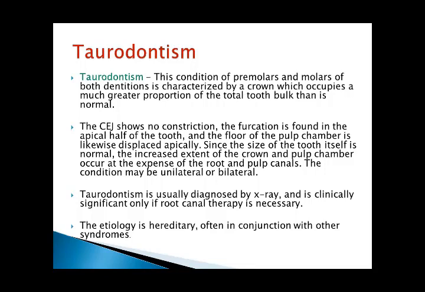As the cementoenamel junction shows no constriction, the furcation is found in the apical half of the tooth and the floor of the pulp chamber is likewise displaced apically. Since the size of the tooth itself is normal, the increased extent of the crown and pulp chamber occurs at the expense of the root and the pulp canals. The condition may be unilateral or bilateral.